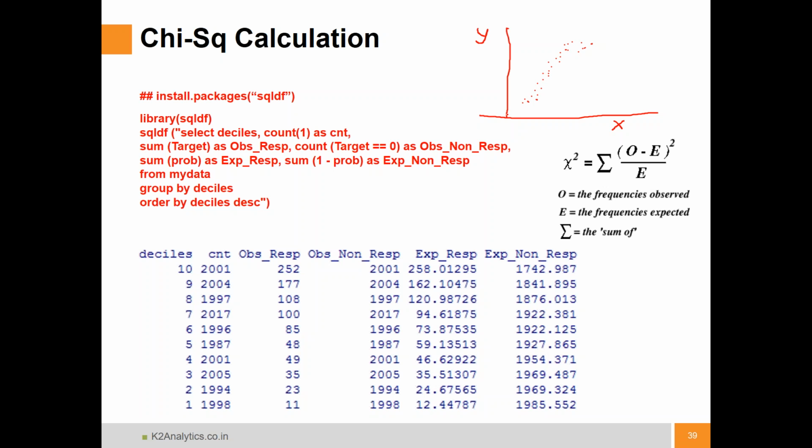Now I have built one model which is like this. Is this a good model? Why? Because this dot is observed, and corresponding to this value of X, this is my estimated Y. Do you agree?